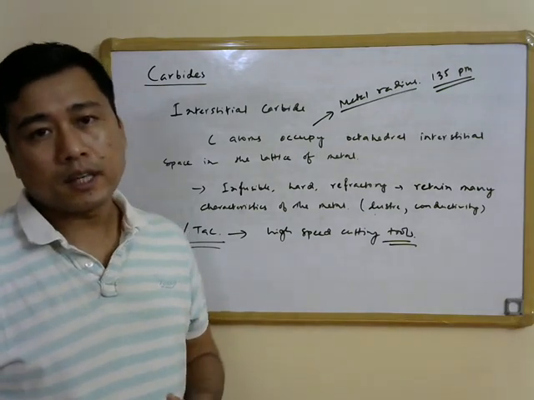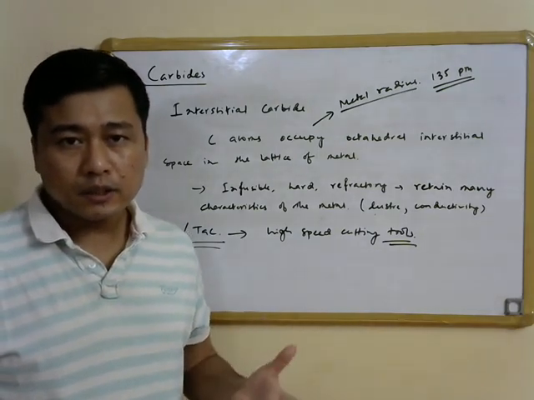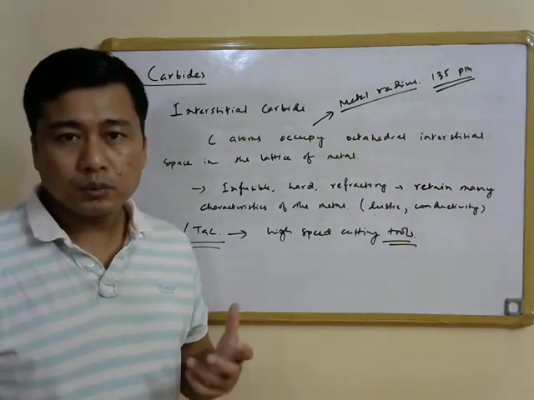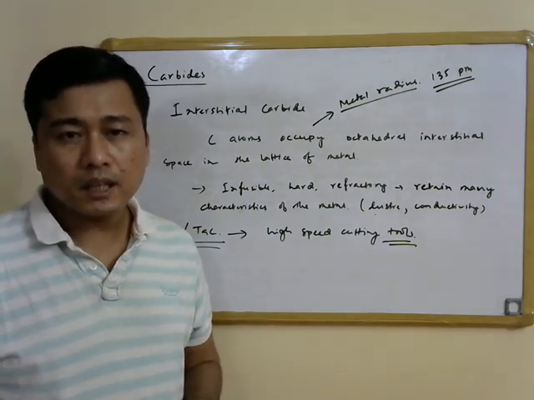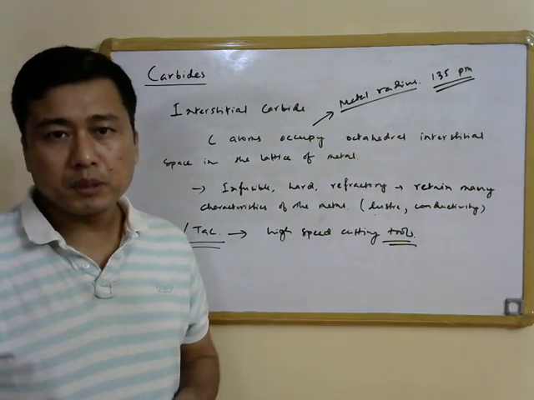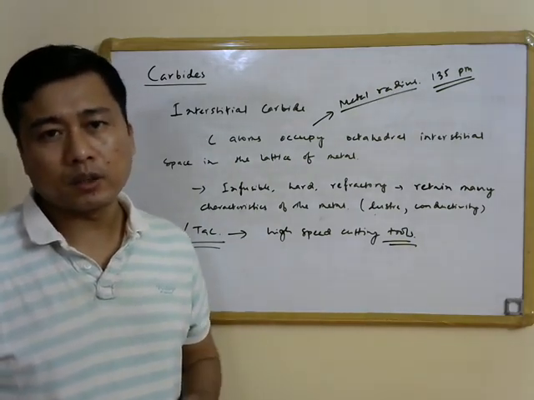there are three different types of ionic carbides based on the kind of carbon anion that is present within the carbide. So we have carbides where individual carbon anions are present, and these carbides are classified as methanides because they yield methane gas upon hydrolysis.